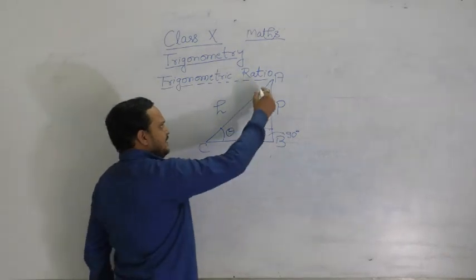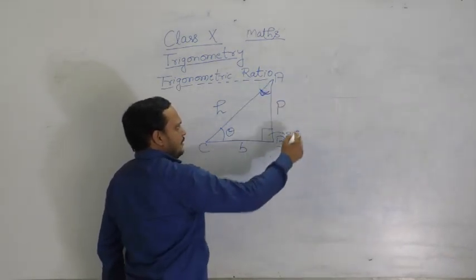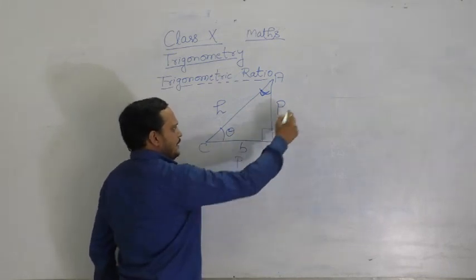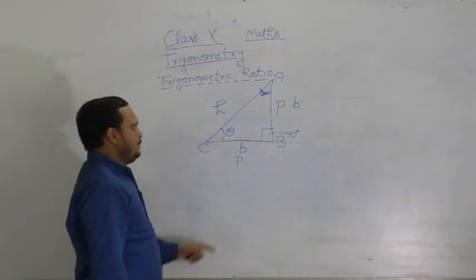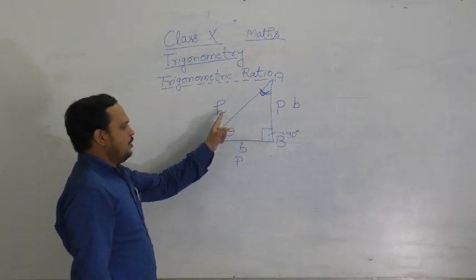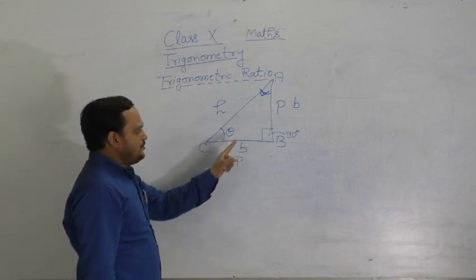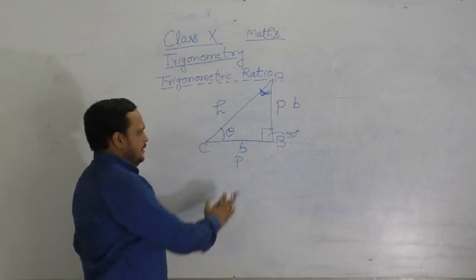But if we consider this other angle, the perpendicular changes. This becomes the perpendicular and this becomes the base. You have to keep in mind that the hypotenuse is always the same, but the base and perpendicular change depending upon the angle which we consider.